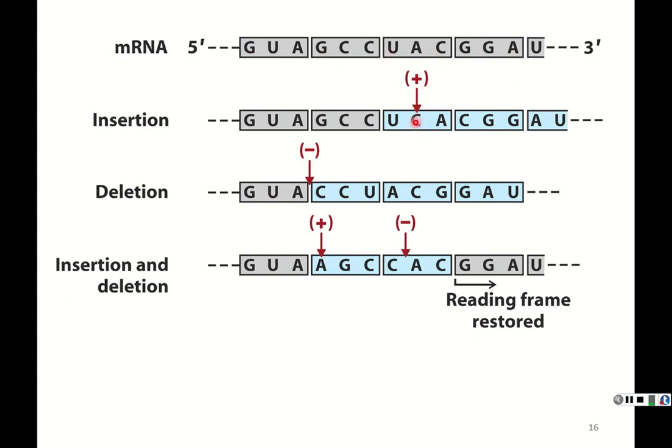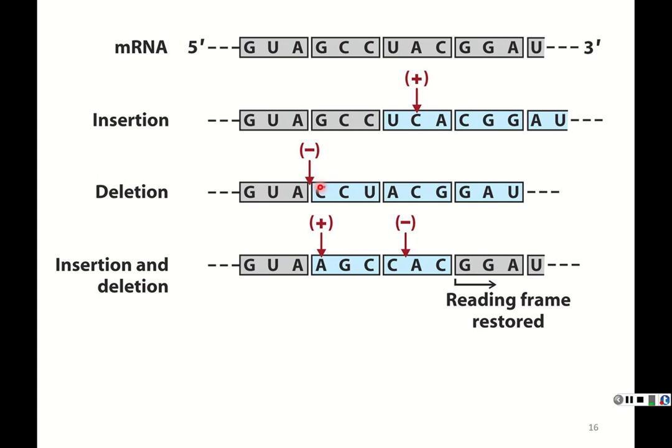If we insert 1 more nucleotide there, we change the reading frame. That changes this codon from a UAC to a UCA, which makes a big difference to not only this amino acid, but it changes every subsequent amino acid codon after that has been added.